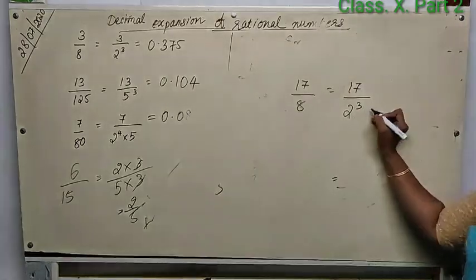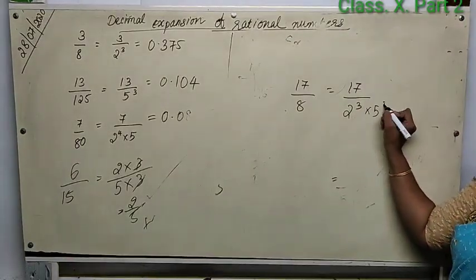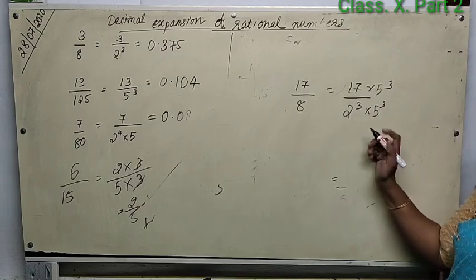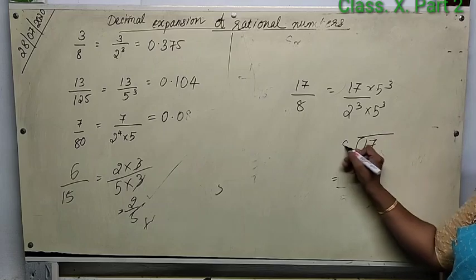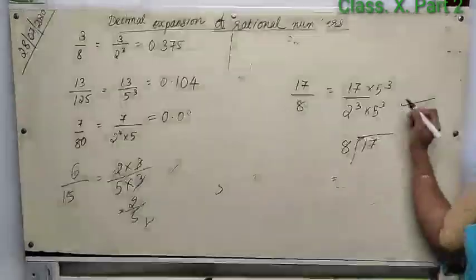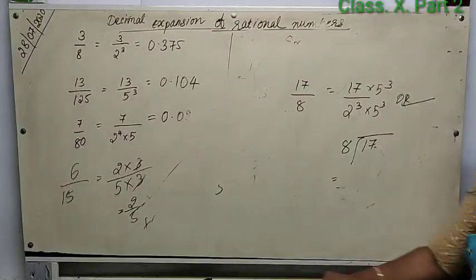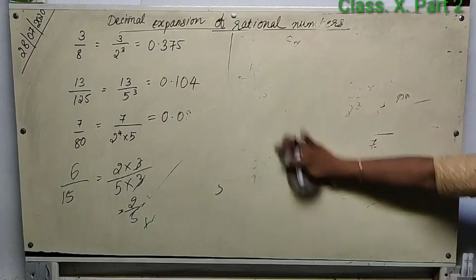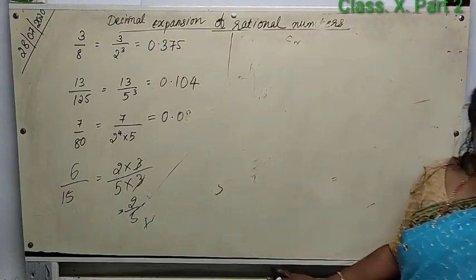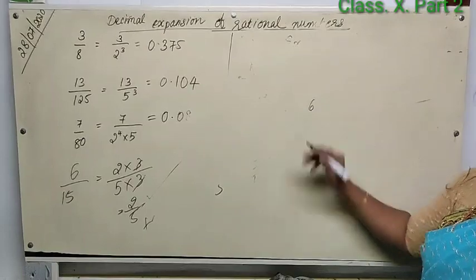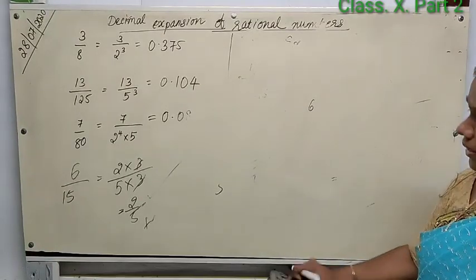Multiply denominator and numerator by 5 cube. Otherwise, you carry out the division 17 by 8. Both will give the same answer. Either you can do this method or this method. All the questions can be done like that.